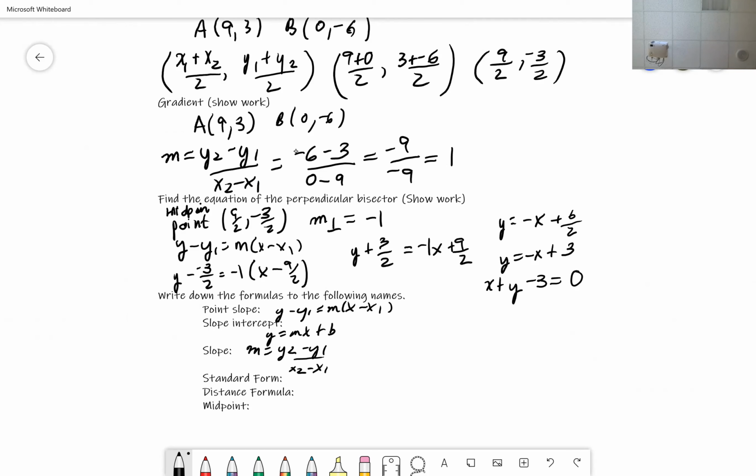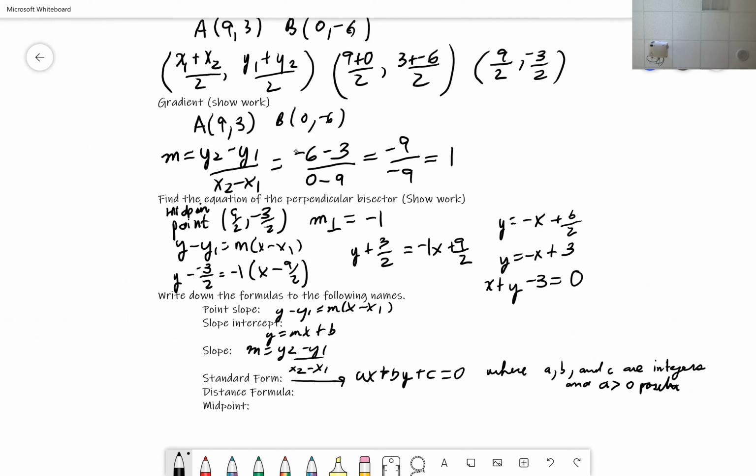You should know that standard form is ax plus by plus c equals 0, where a, b, and c are integers, and a is greater than 0, or a is positive, basically.